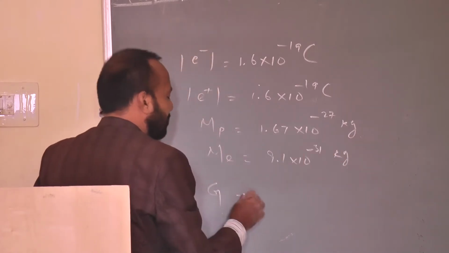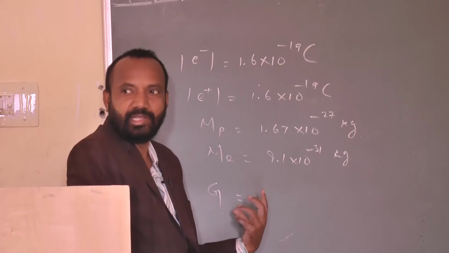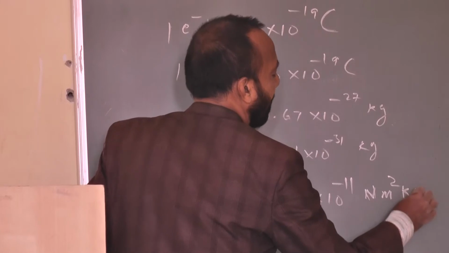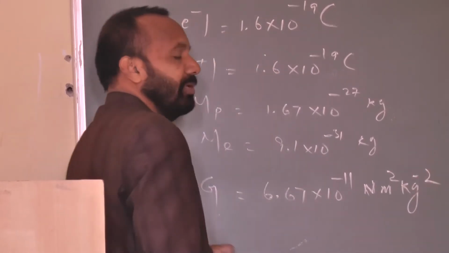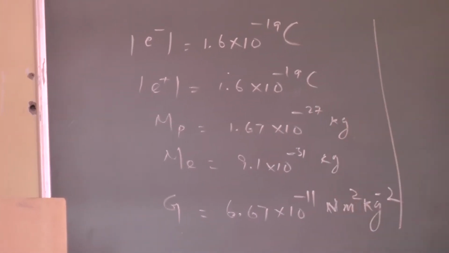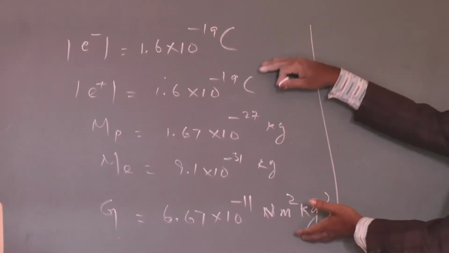Universal gravitational constant G value is 6.67 into 10 to the power minus 11, unit is Newton meter square per kg square. This is the unit, so you should use this here.